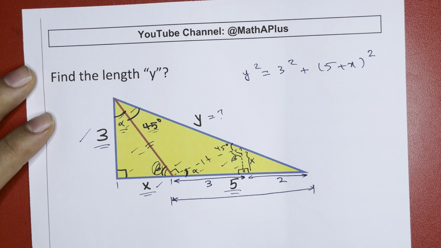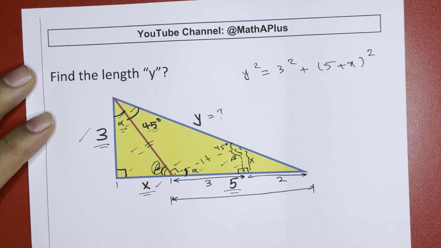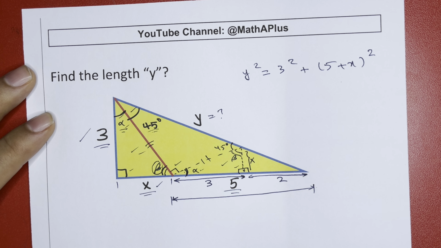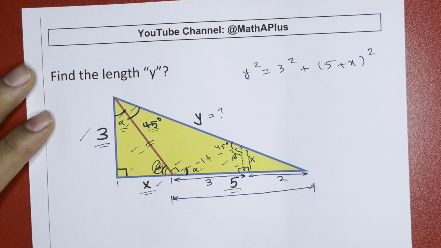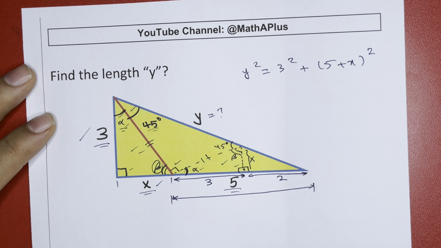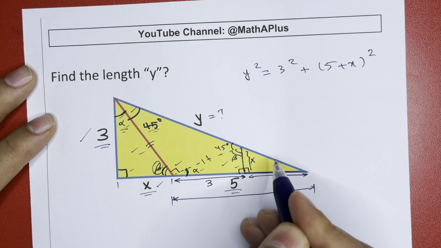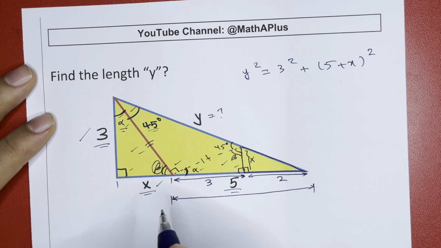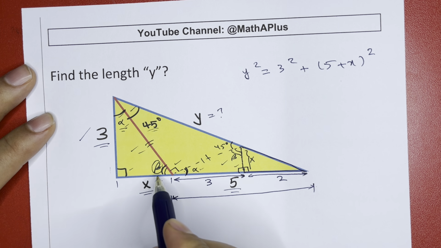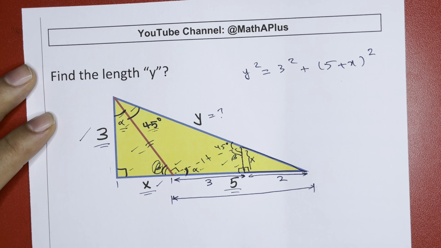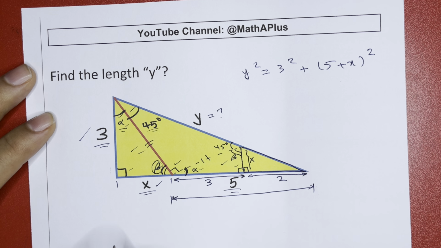Okay, all right, perfect. We found as much information as possible from the triangle. Now we're almost finished. The next and last step is to look at this triangle here. This is a small triangle. This small triangle is similar to this big triangle here. Why? Because look at that.